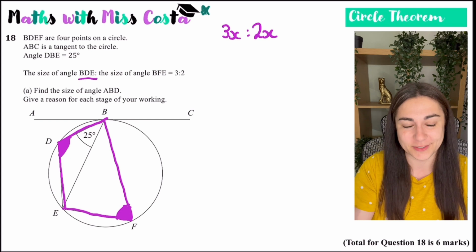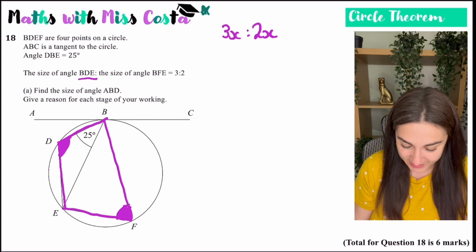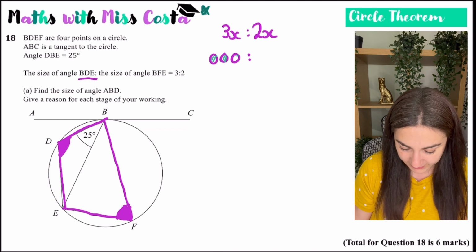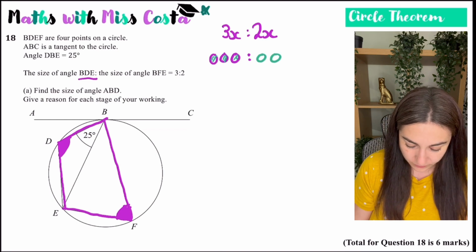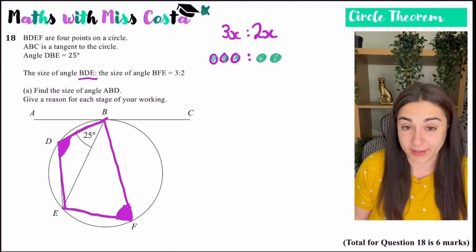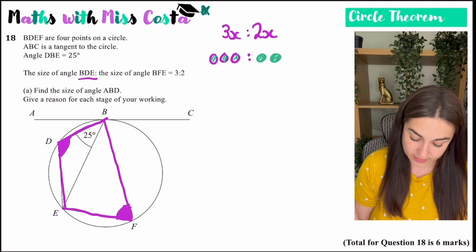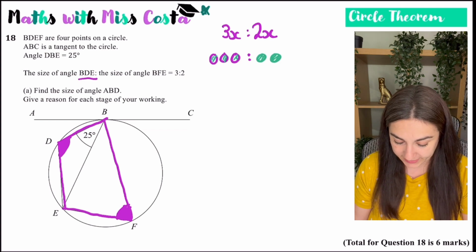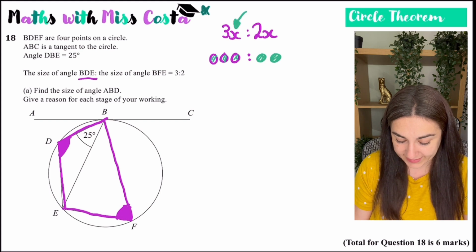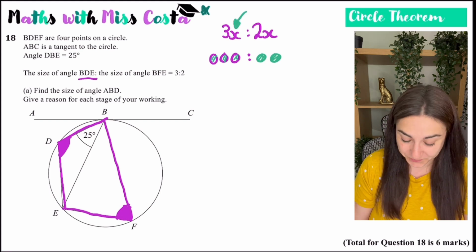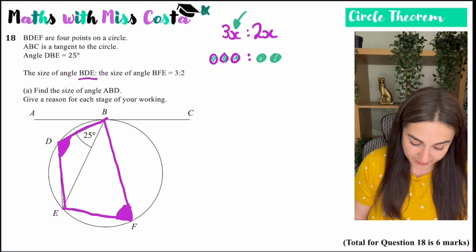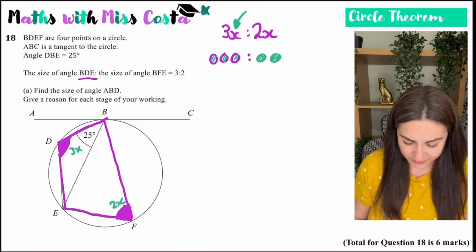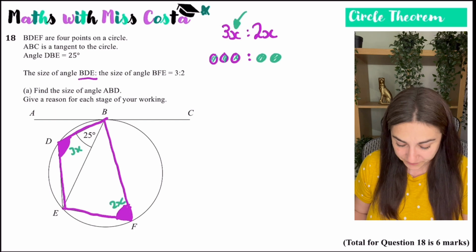What a ratio 3 to 2 means is that for every 3 degrees that this angle has, the other angle has 2 degrees. So whatever the degrees is, 3 lots of x is this angle, and this angle is 2x. The reason I do that is because I can then form an equation.